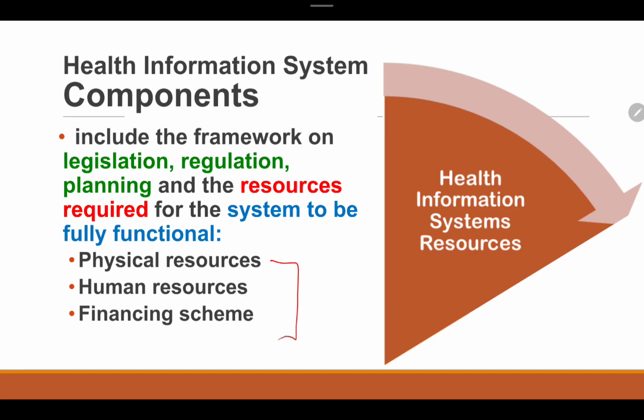Examples would be the personnel. Where do they belong? In human resources. Okay? The financing scheme. Physical resources would be the logistics, the supports, the components, the different materials. Okay? All of them, guys, are important for the system to be fully functional.